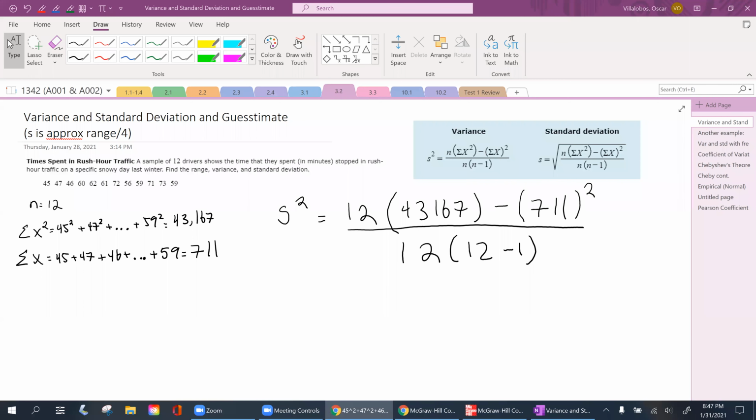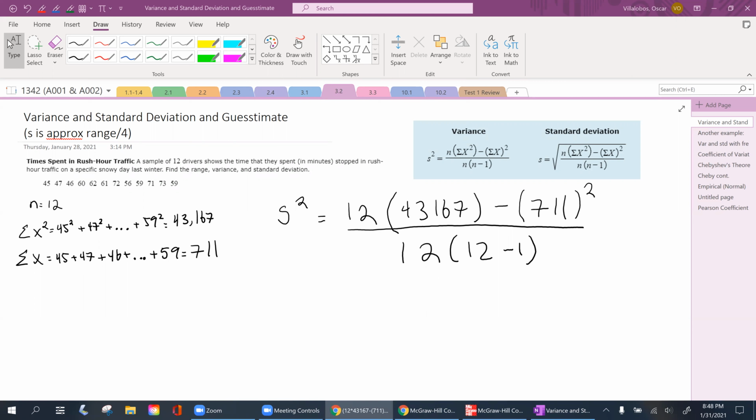By all means, I really want you to use your calculator here, so definitely take advantage of that. We got 12 times 43,167 minus 711 squared, divided by 12 times 11.